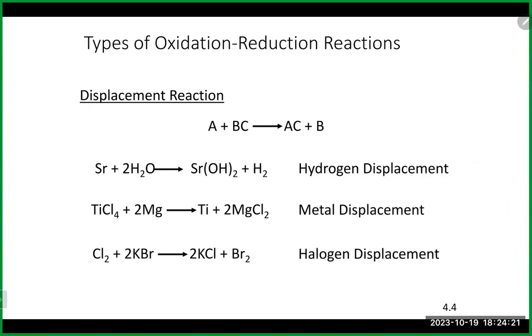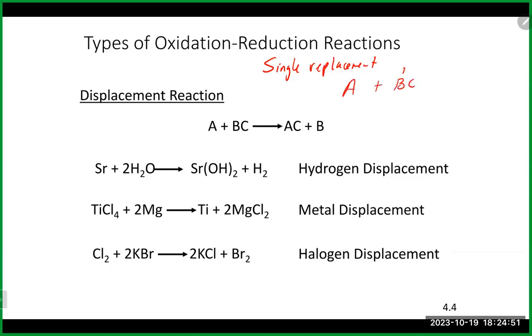The last type of reaction that falls under the redox umbrella is single replacement reactions, or displacement reactions, depending on whose book you're reading. And how you can recognize the difference between this and a double displacement reaction, which is not a redox reaction, is that you will have this general setup to start with.